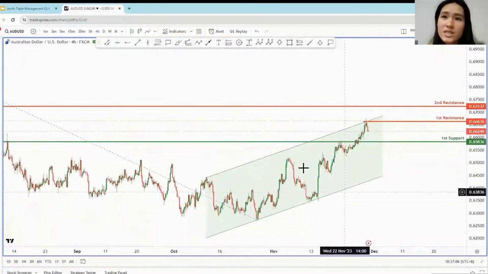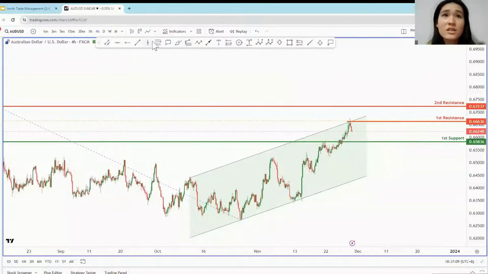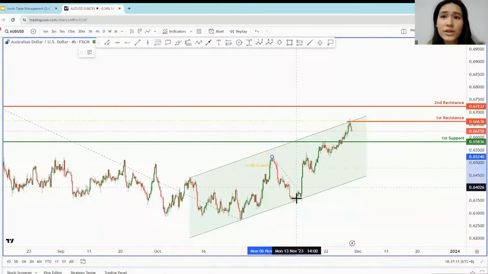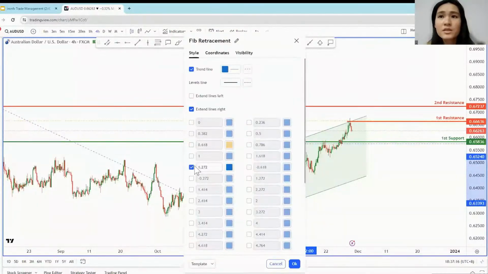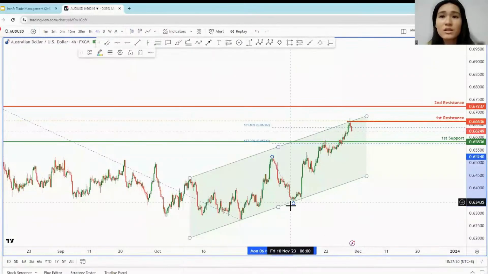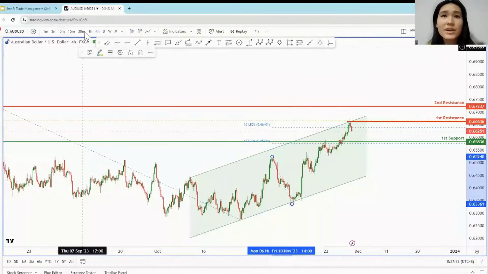Okay, there is a slight kick shape over here. So let's see if we have any levels. Okay, but price has already broken these levels, so it's no longer valid.